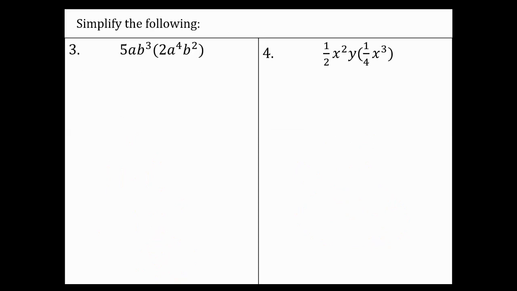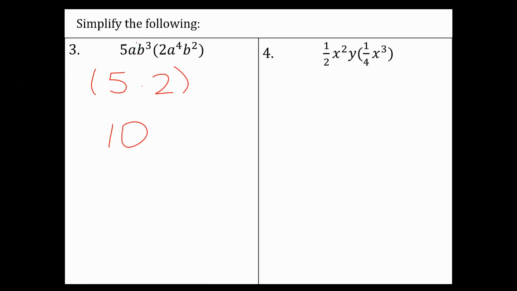Simplify the following. 5ab to the third times 2a to the 4th b squared. So first, let's focus on our coefficient, 5 times 2. That's going to give us 10. Now, we have to add exponents of the same base. So I have an a and a b here. The first thing I notice is this a doesn't have an exponent.